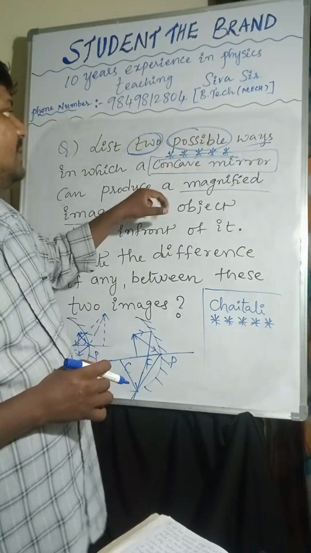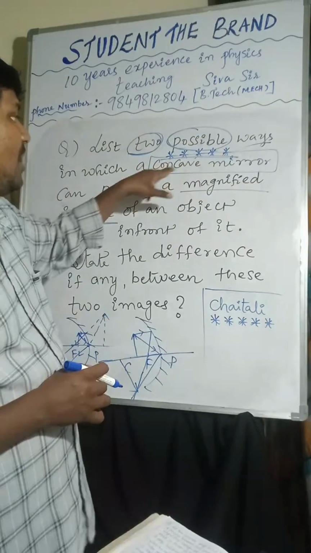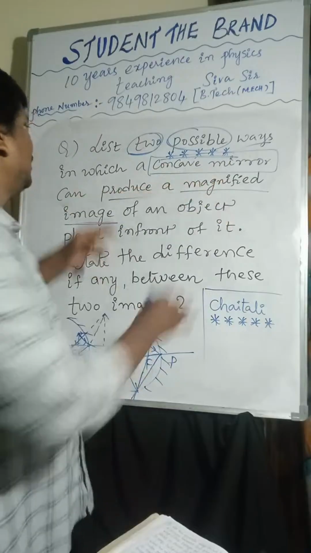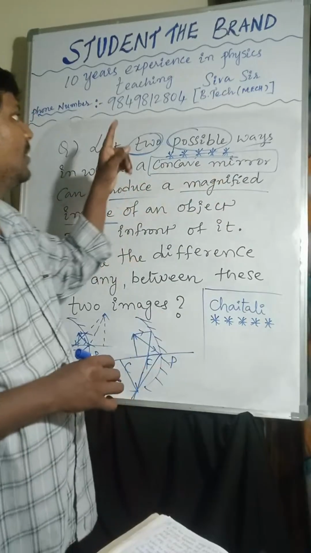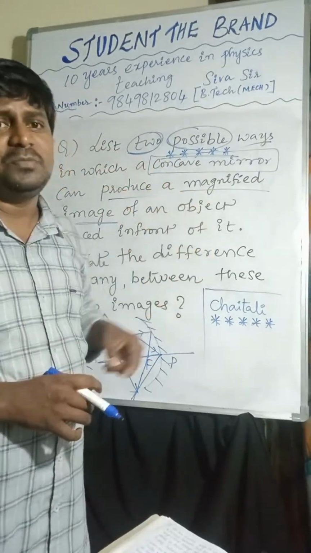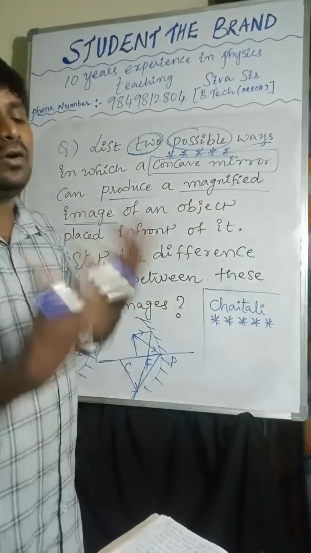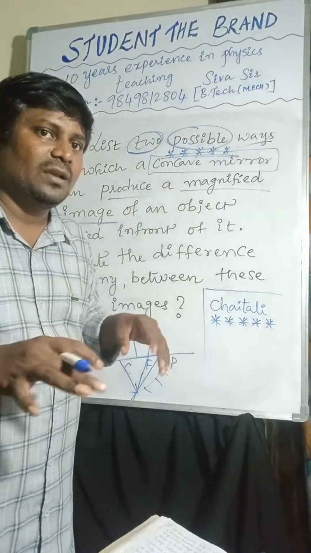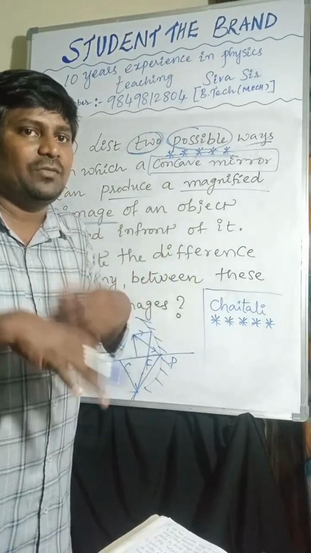So a concave mirror produces a magnified image in two ways. We don't know whether it is a real image or a virtual image, as they didn't mention it.